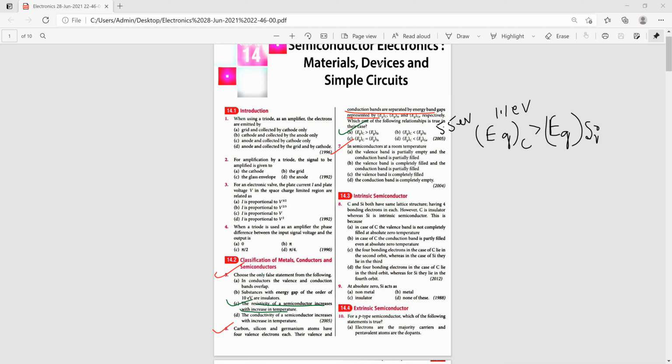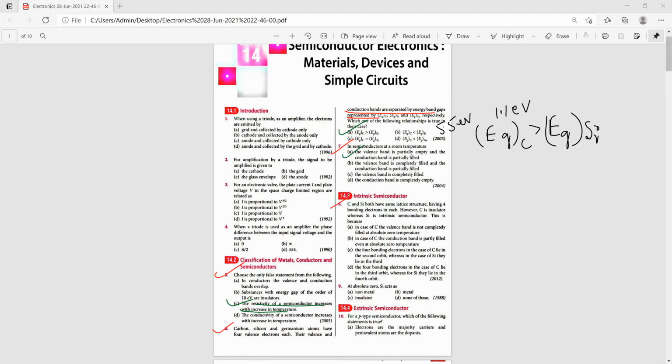So here in a semiconductor at room temperature, the electrons get enough energy so that they are able to overcome the forbidden gap. Thus, at room temperature, the valency band is partially empty and conduction band is partially filled. Conduction band in a semiconductor is completely empty only at 0 Kelvin. Therefore, for the seventh one, the first one is the right answer.